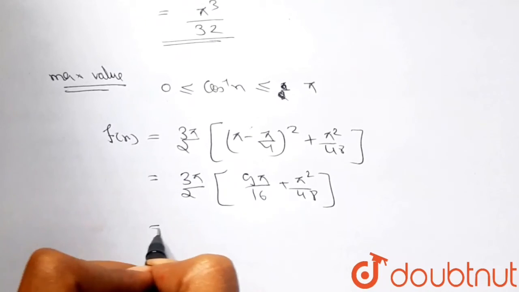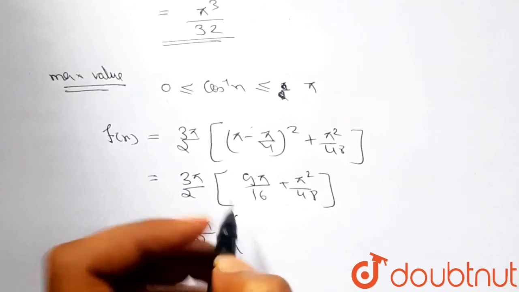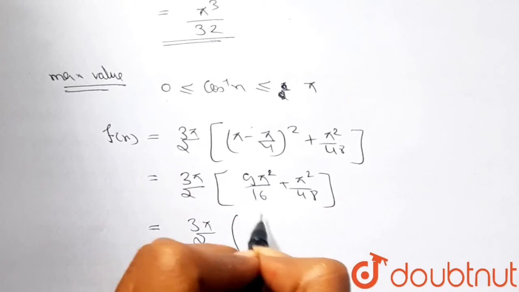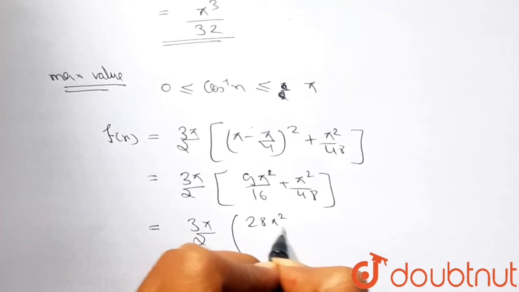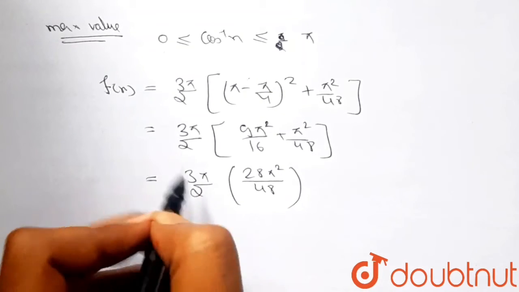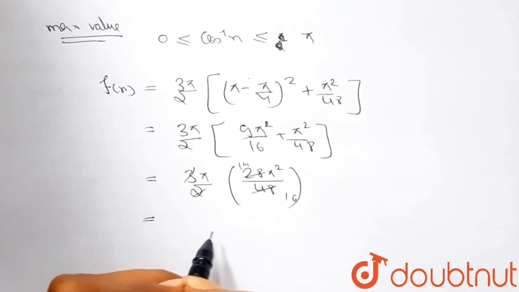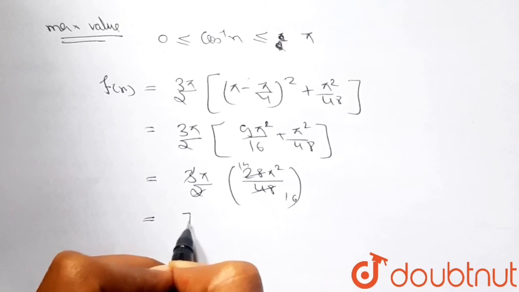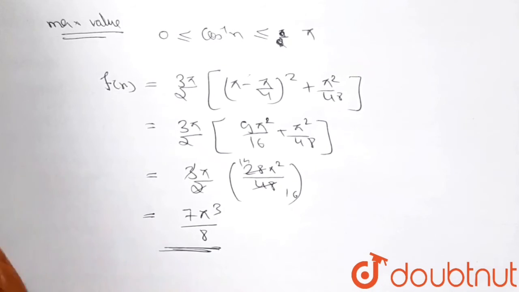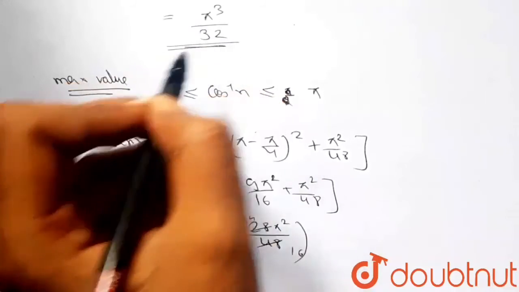So on simplification, this will become 3 pi by 2 in bracket 28 pi square by 48. If we simplify this further, this will be 16 and this will be 14, so this will become 7 pi cube by 8. So this is the maximum value of the given function, that is 7 pi cube by 8, and this is the minimum value of the given function, that is pi cube by 32.